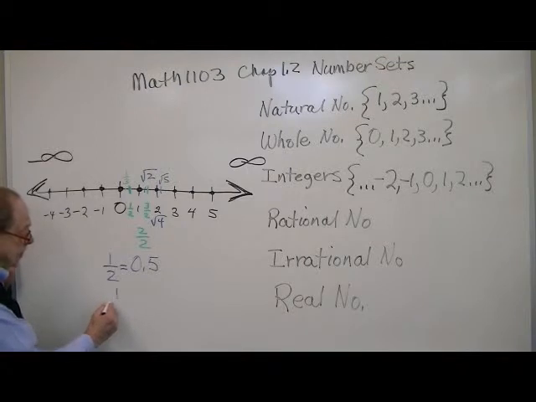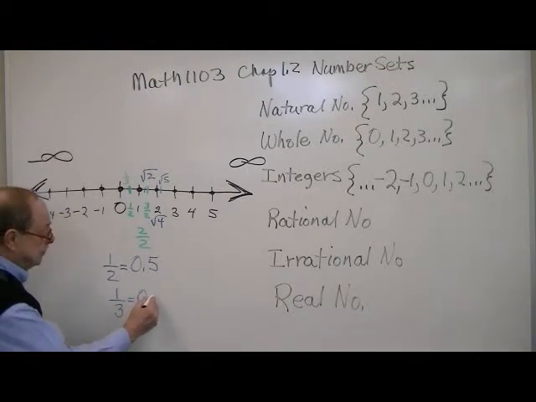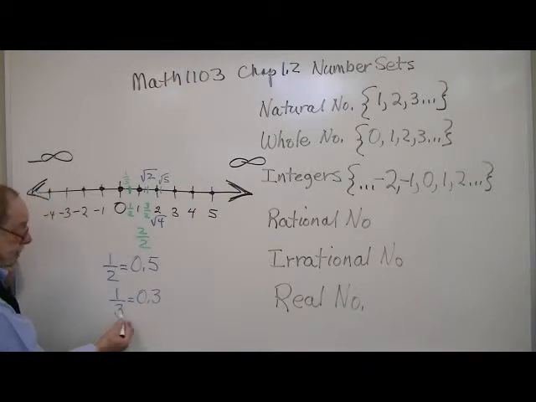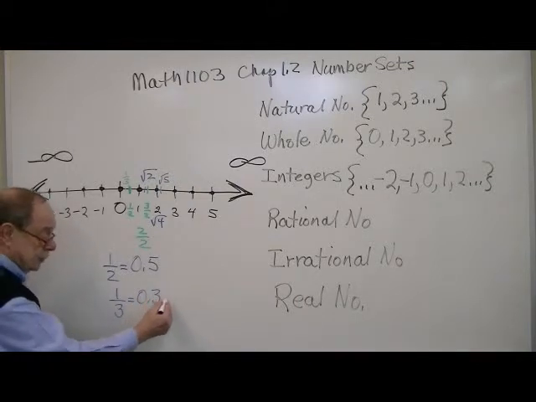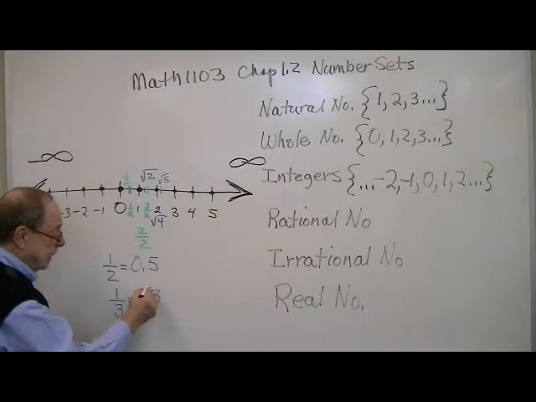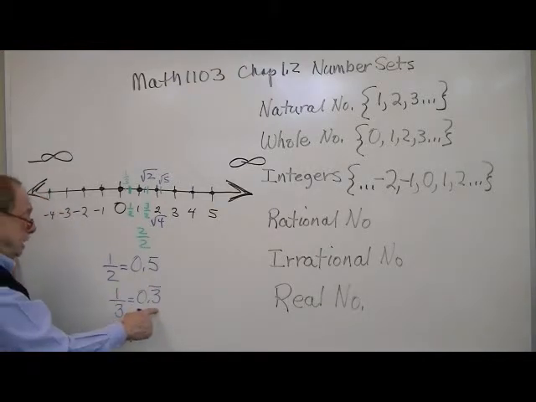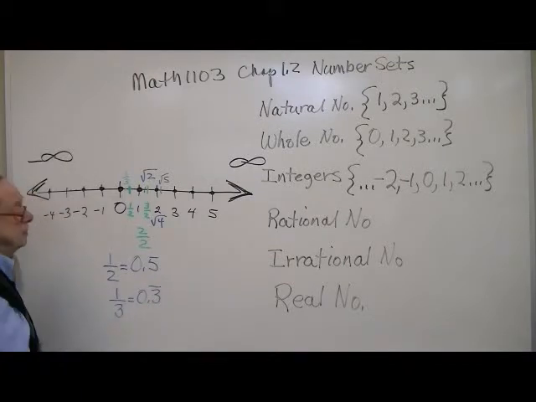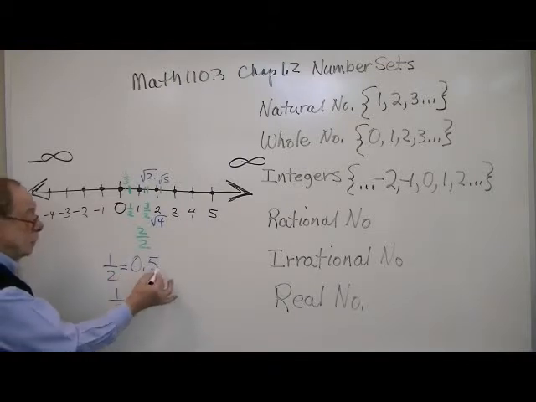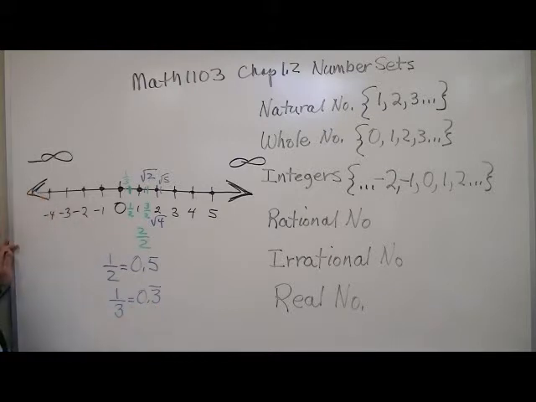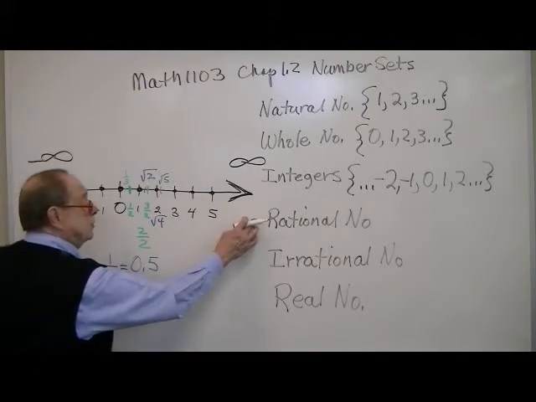If we have the number 1/3 in decimal form, it starts to go 0.3, and the 3's repeat. And we put a little repeating bar over the 3, indicating that it repeats. So if a fraction in decimal form terminates like this, or repeats like this, we say it is rational.